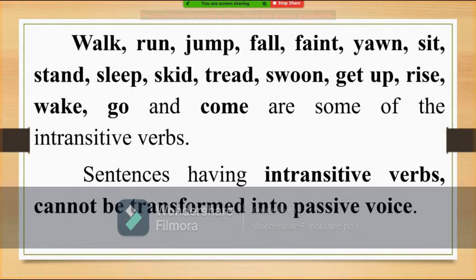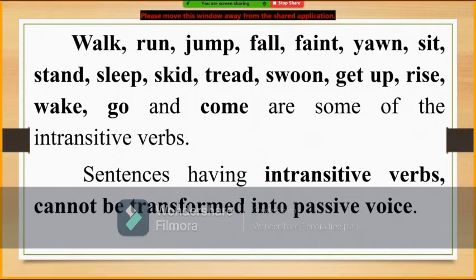If you ask such a question, does it not look silly? So it will not get connected to any object. Walk, run, jump, fall, faint, yawn, sit, stand, sleep, skid, tread, swoon, get up, rise, wake, go, and come are some of the intransitive verbs.